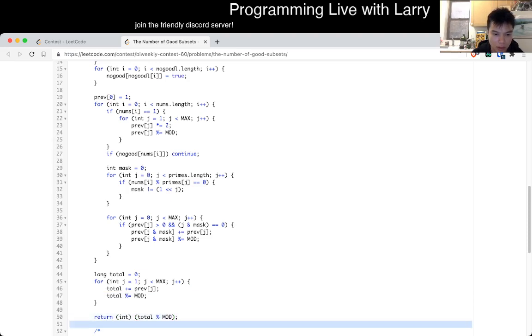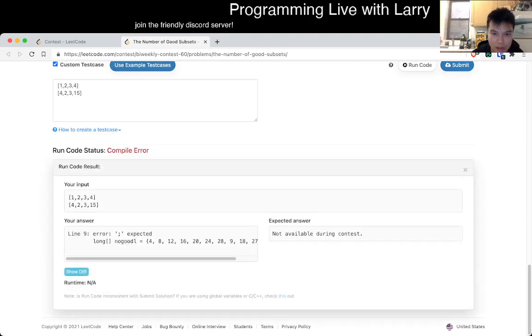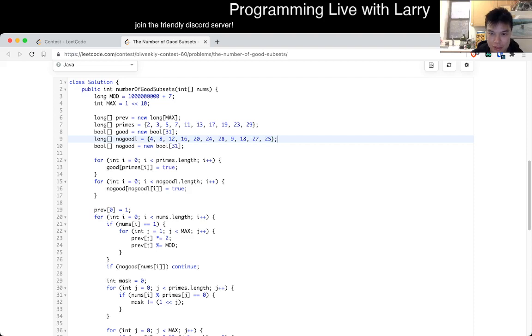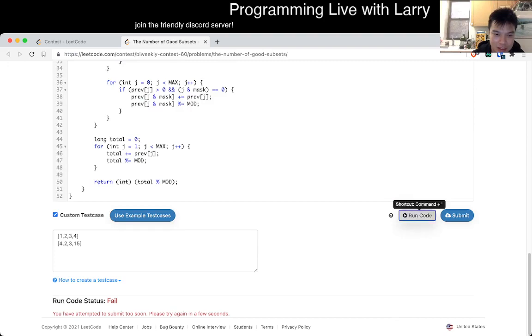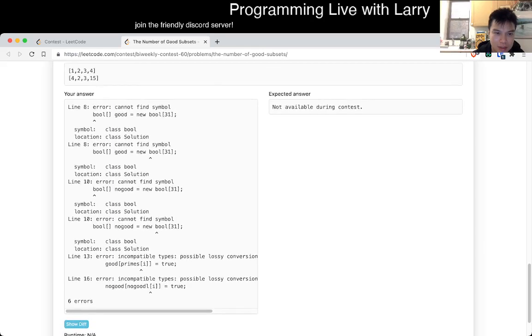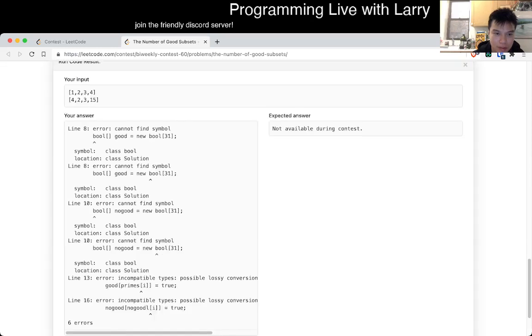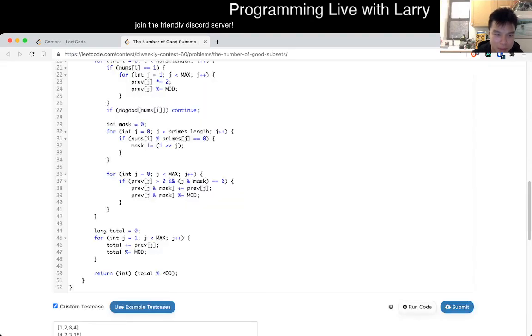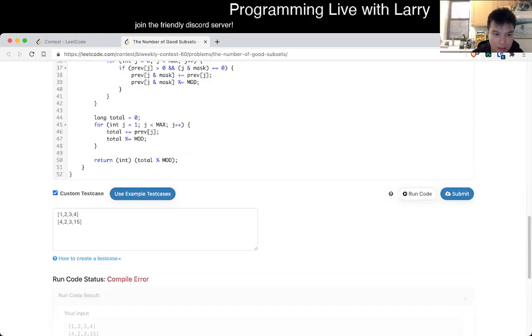Okay. In theory, not a hard problem, but I should say that after I get this right first, or at least get it compiled first. Okay. What is Boolean in Python? In Java, is it just Boolean? Is this right? Line 10.